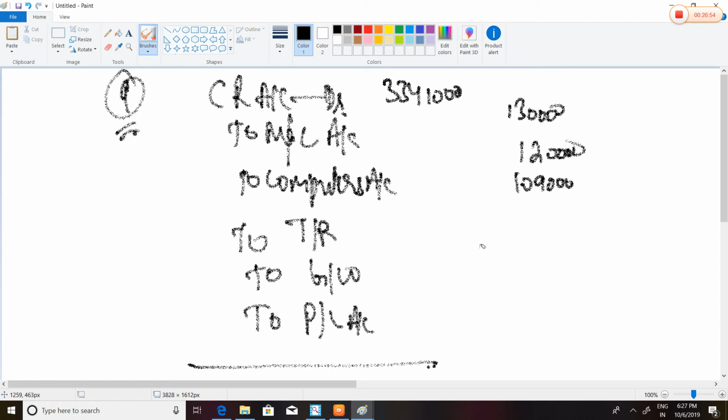Machinery 1,30,000, computer 1,09,000, goodwill 22 lakhs, and this is 7,82,000.